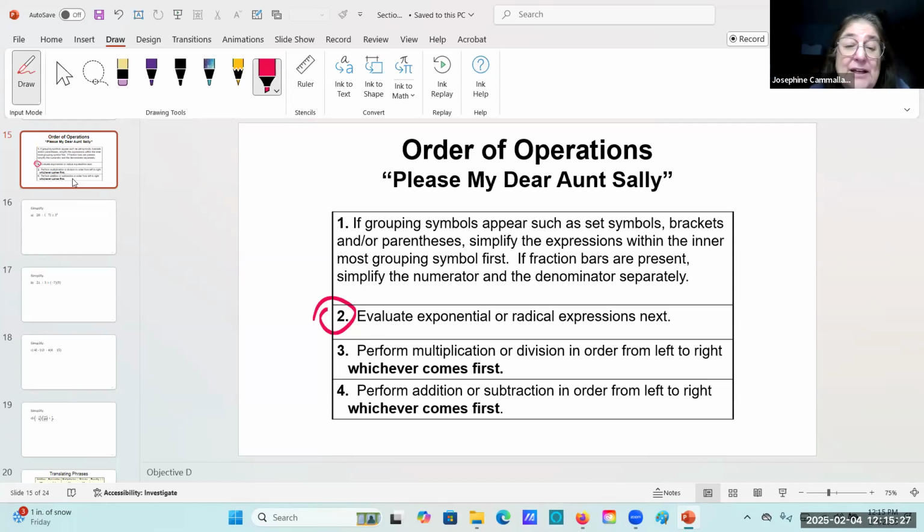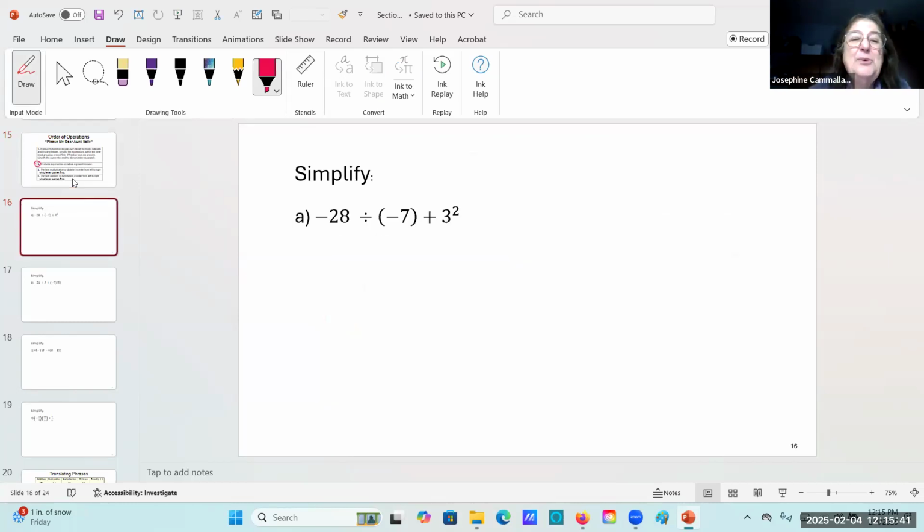And then we have the multiply and divide. Now, we're going to go through these, and hopefully you are going to get it. I hope. Okay? Please excuse my dear Aunt Sally.